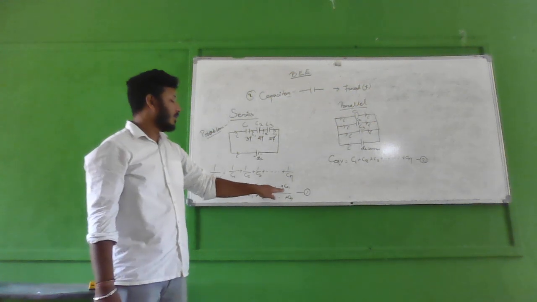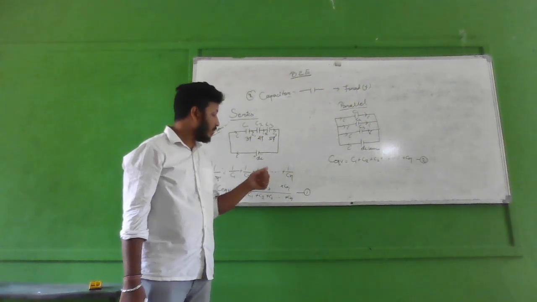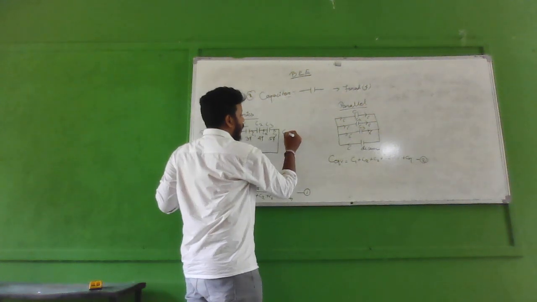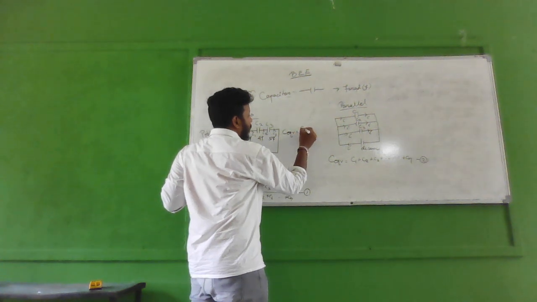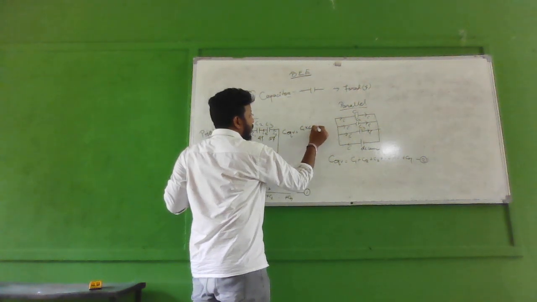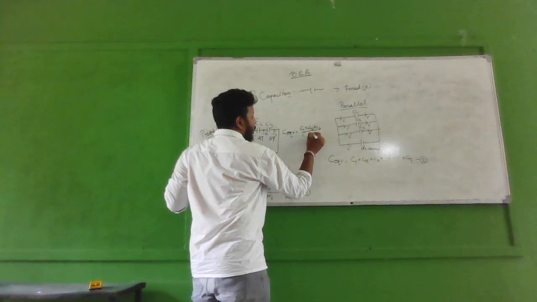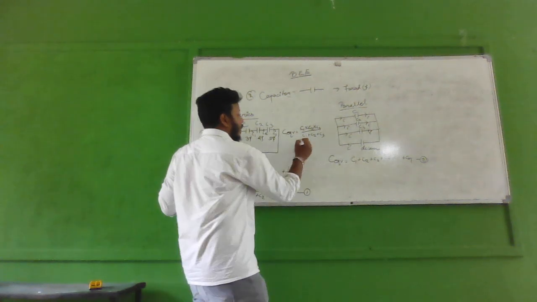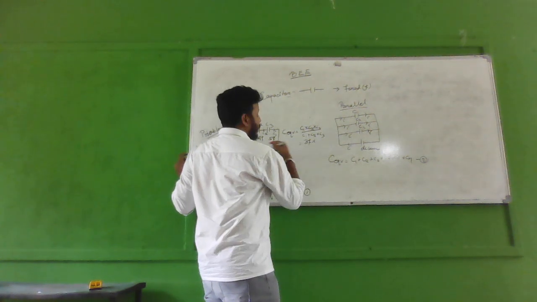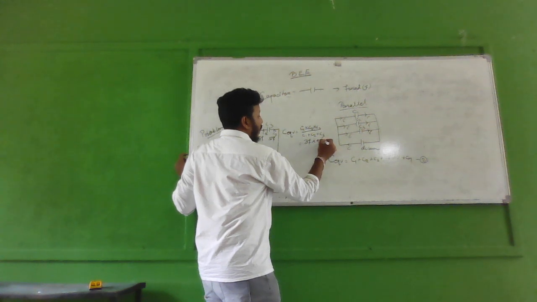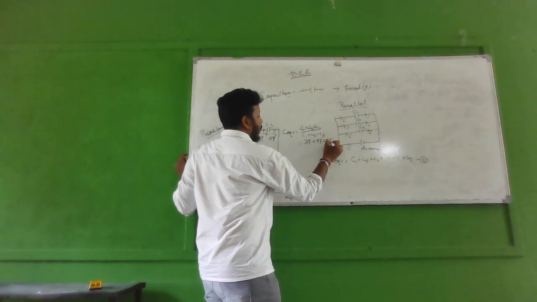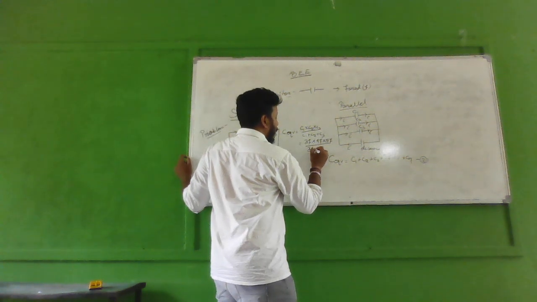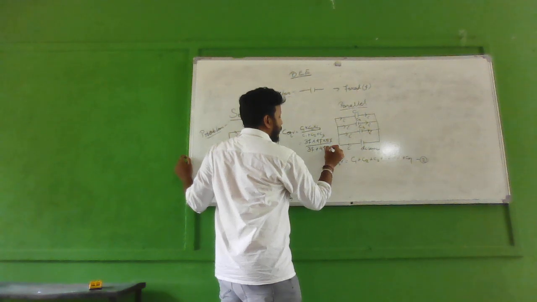C1 into C2 into C3 up to Cn, divided by C1 plus C2 plus C3 up to Cn. How many capacitors are there? 3 capacitors. So C equivalent is C1 into C2 into C3 divided by C1 plus C2 plus C3, which is 3 into 4 into 5, divided by 3 plus 4 plus 5.